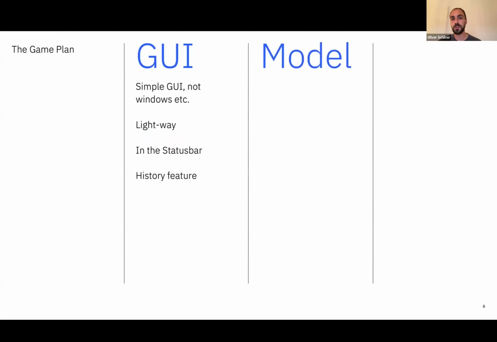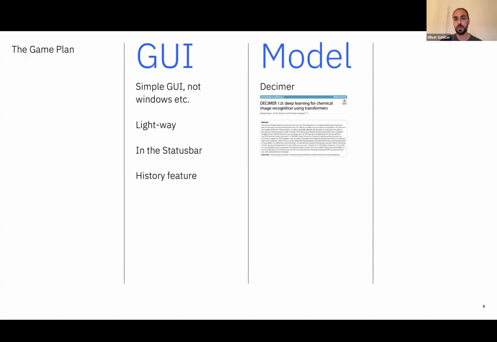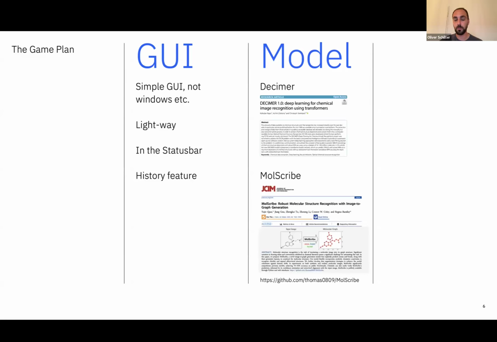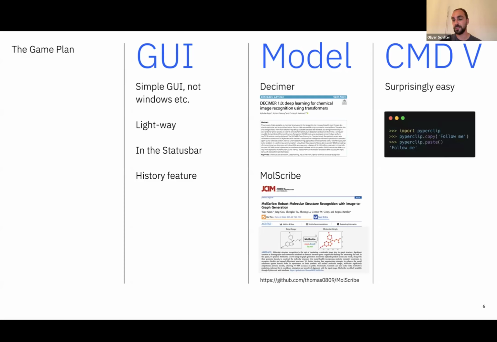Then I checked out what image-to-structure models already exist, and I evaluated mainly DECIMER and MolScribe from the Coley group at MIT. At this point, I had never copy-pasted anything from the clipboard back to the clipboard, so I looked into this, and it's surprisingly easy.